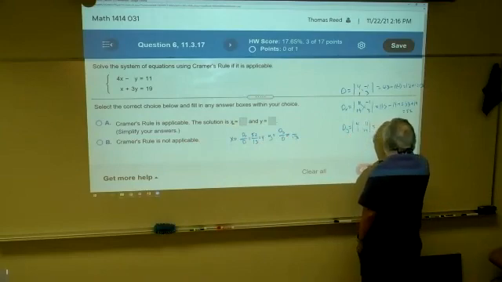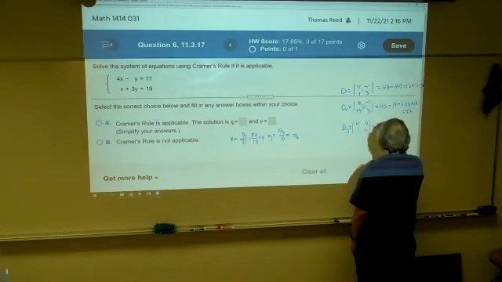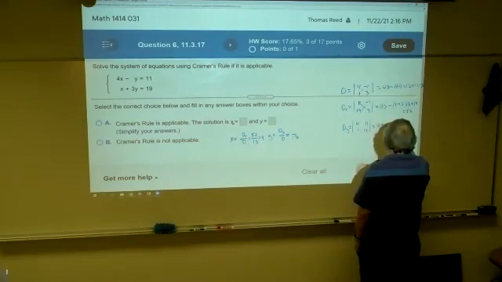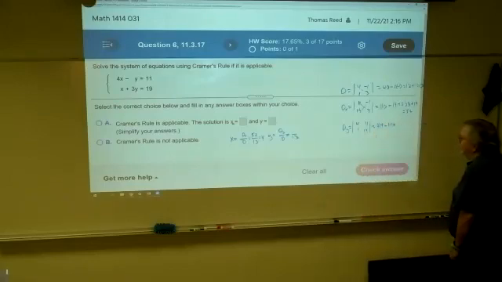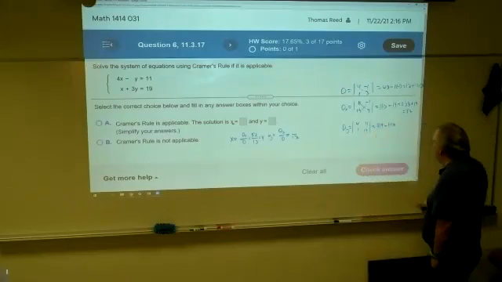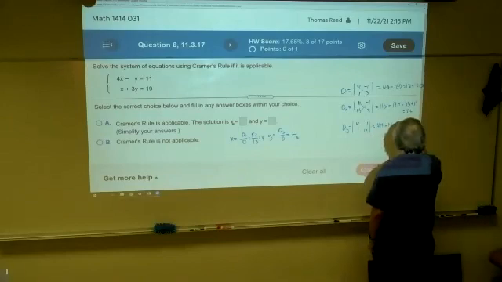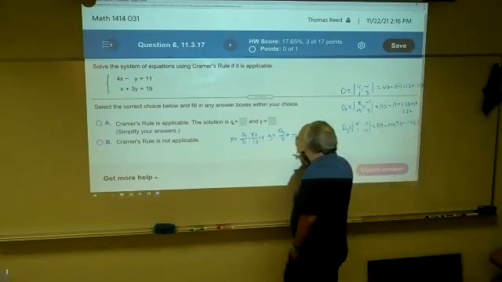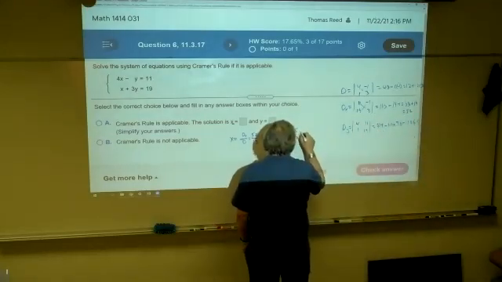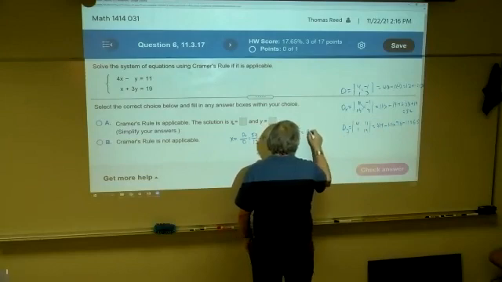And then we do the 4 times the 19. And we're going to subtract the 1 times 11. 4 times 19 is 76, I believe. 76, and we're going to subtract 11, so that's 65. Which is 5.